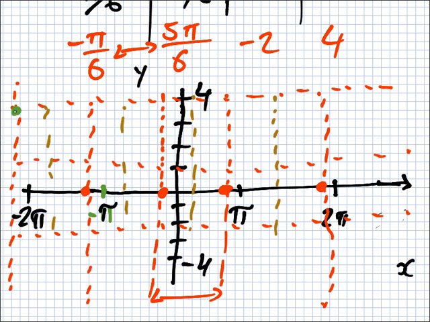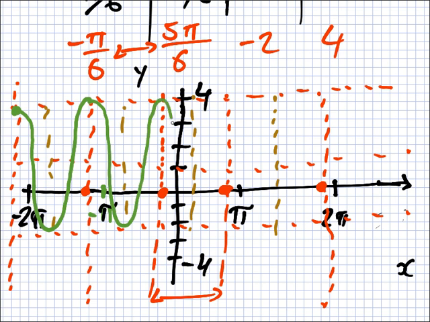Goes down, and then back up. Down, and then back up. Down, and then back up. Down, and then back up. And I think that matches up with my picture pretty well.